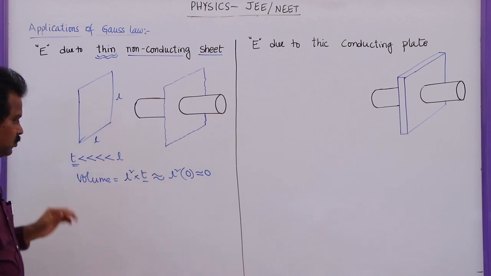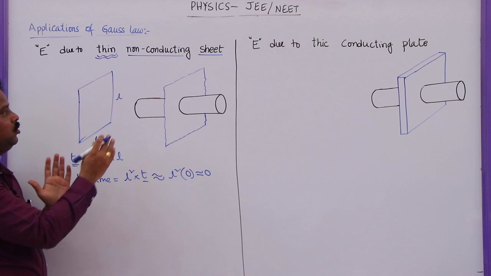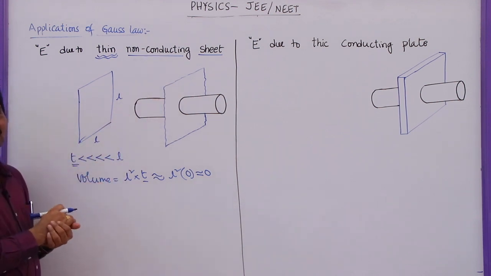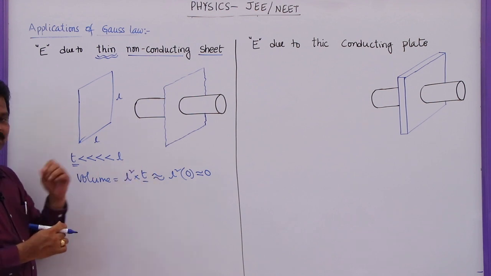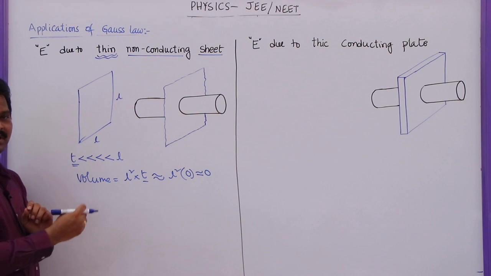So remember this point. Generally, for any non-conducting plate or sheet or any non-conducting material, the charge will be distributed uniformly throughout its volume. Here the volume is negligible. That means when compared to the area, the volume is very less.